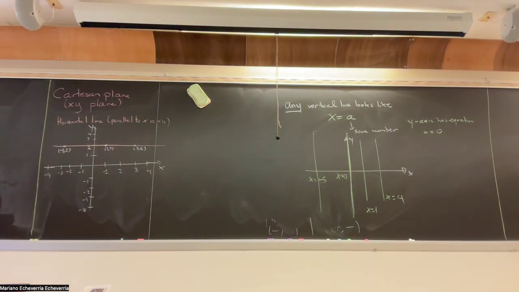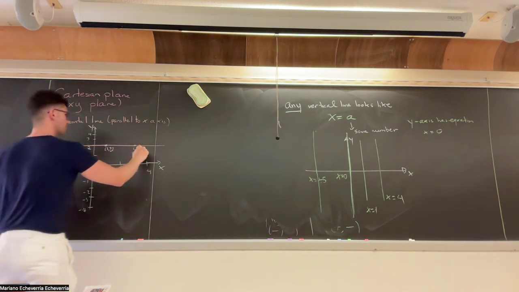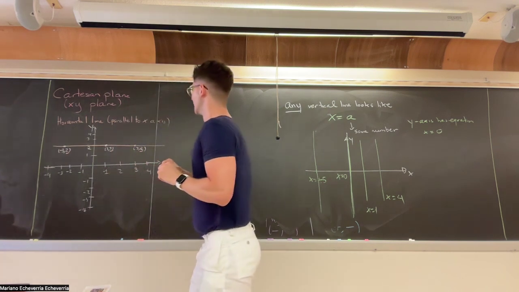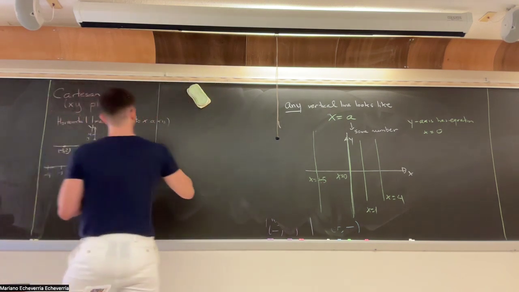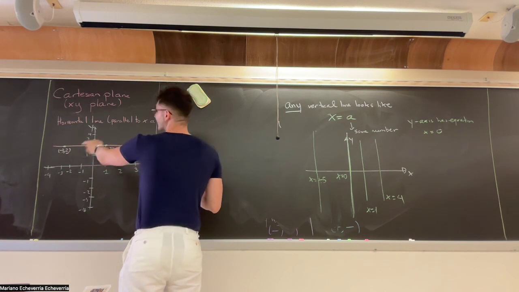Right. So what all the points on this line share is the second entry, which is the reverse of before, because you're switching the roles of x and y. So for this particular horizontal line, y is always 2.